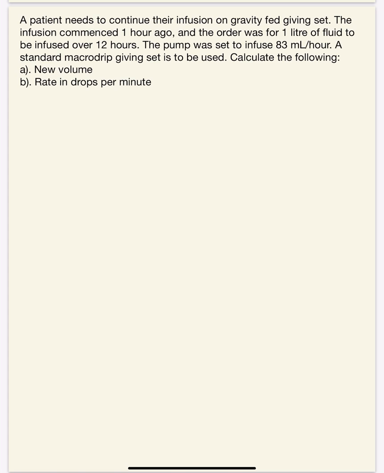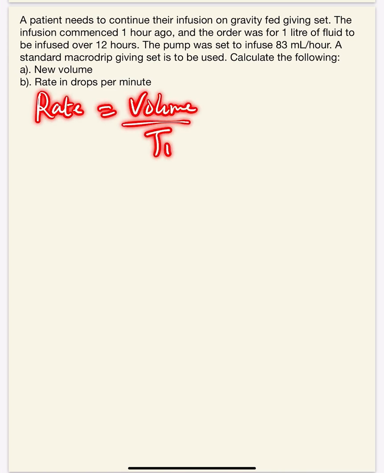Looking at this question, because the order was for 1 liter to be infused over 12 hours, this technically gives you 83 mils per hour. It's like saying rate is equal to volume over time.